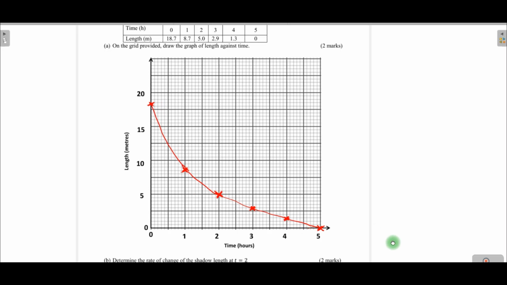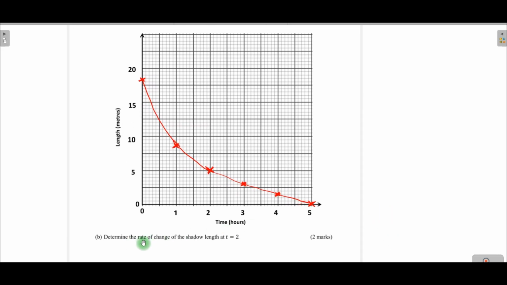The other part we are required to do is to determine the rate of change of the shadow length at t is 2. So at this point where t is 2, since this is a curve, we only get the instantaneous rate of change at that particular point, and therefore we are going to draw a tangent passing through that particular point.